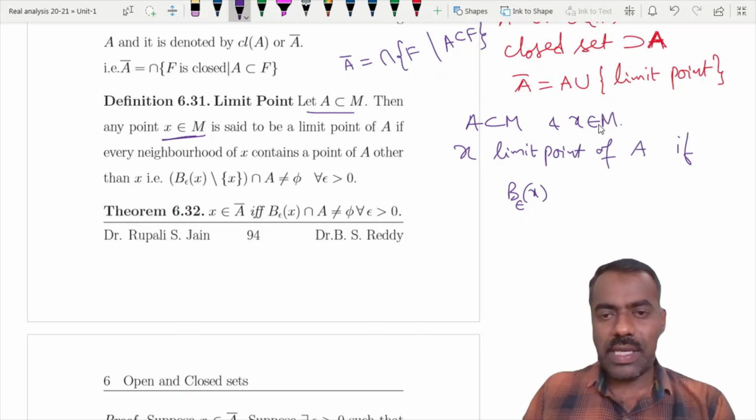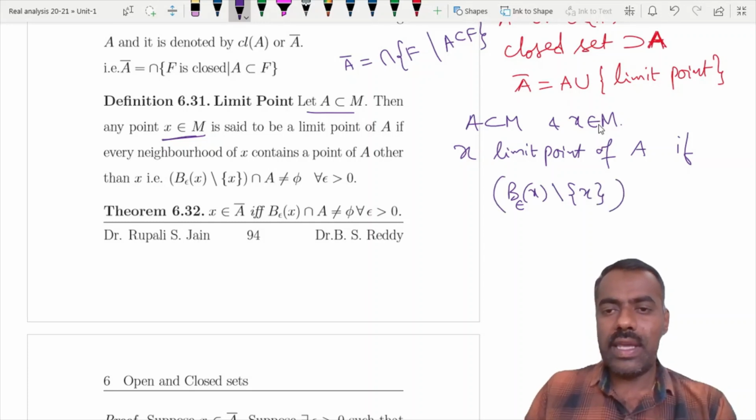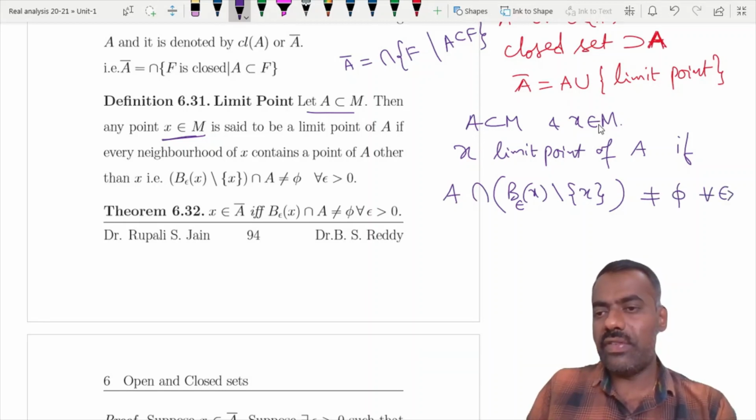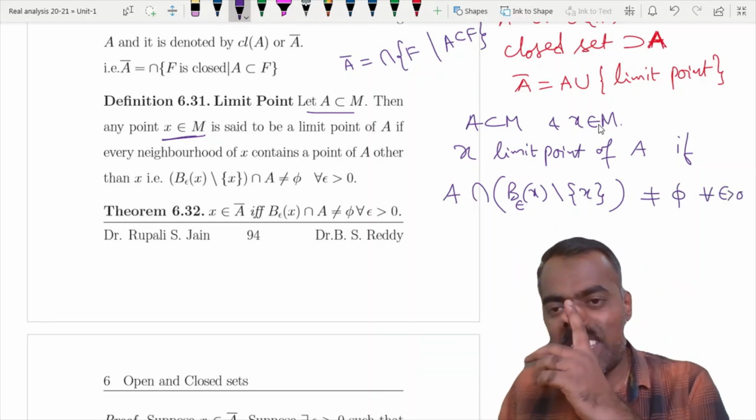That means A intersected with the ball, even after removing x from this ball, should be nonempty. And this should be true for every epsilon greater than 0. Then we say that it is a limit point.